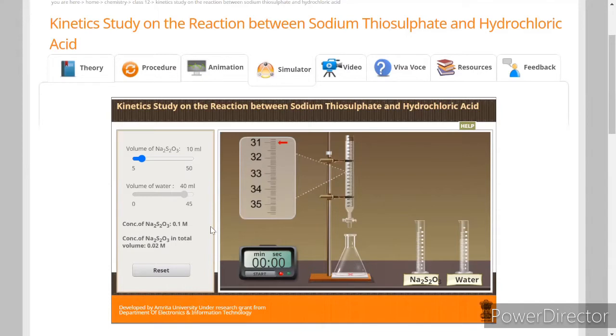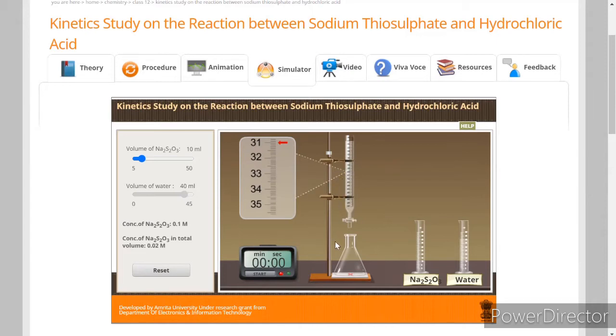Okay, next we jump to this side. This is a stopwatch to count the time of the reaction, and this one is a detailed picture of the burette.